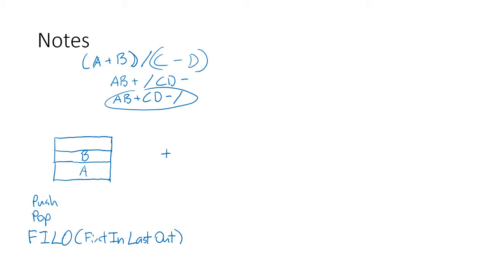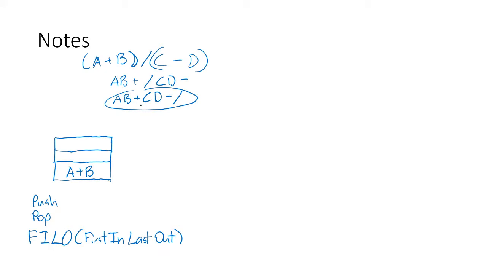So the first one we have to pop off is B. And remember, the first one you pop off is always the second operand. Okay? And then we pop off the A. The second one you pop off is the first operand. So now we have A plus B. And then we push that back onto the stack. So now there's our A plus B tray at the very bottom.